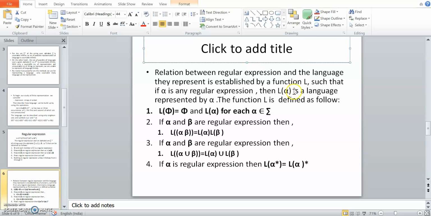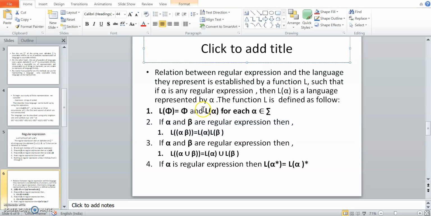As we are studying finite representation of a language, we are using the regular expression. So L of alpha is the language represented by alpha. The function L is defined as follows. L of theta is equal to L of phi is equal to phi. What does it mean? The language doesn't contain anything, that means the set is an empty set. That also becomes one language, and can be represented with the regular expression phi.